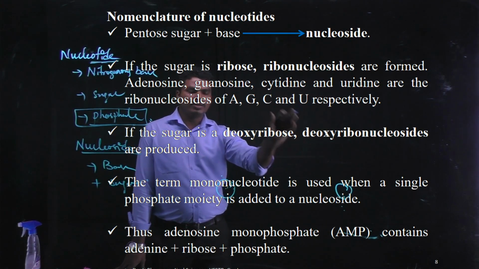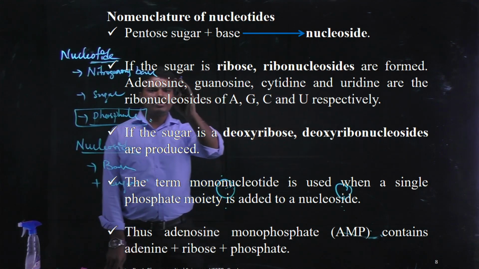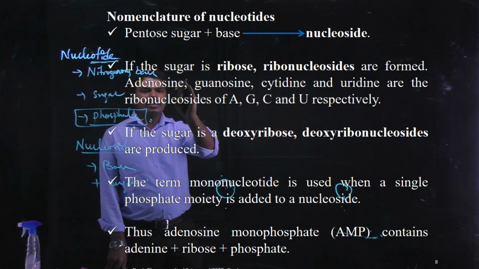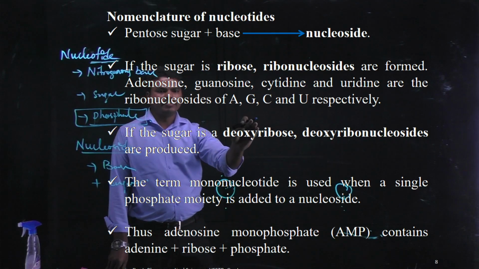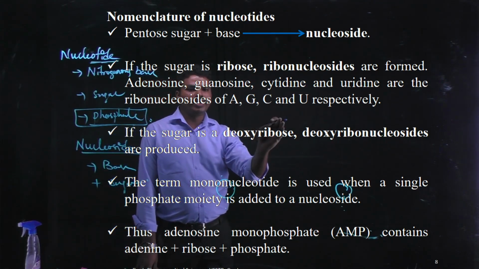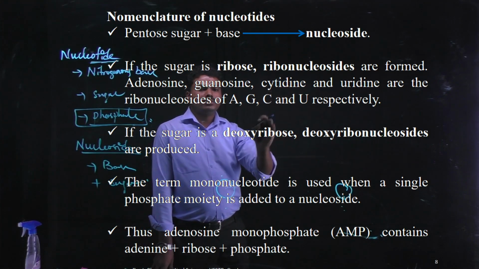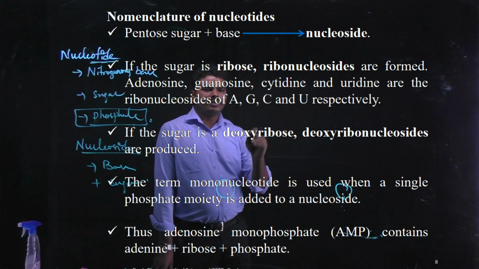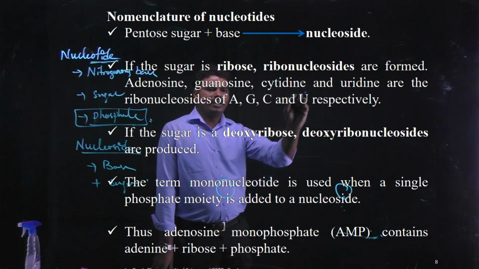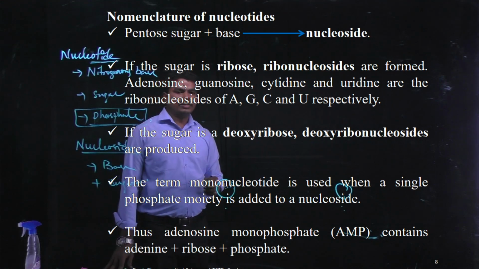Adenine, guanine, cytosine and uracil are the bases of the nucleotides, but the nucleosides of these corresponding bases are these: adenosine is the nucleoside of adenine, guanosine is the nucleoside of guanine, cytidine is the nucleoside of cytosine, and uridine is the nucleoside of uracil.